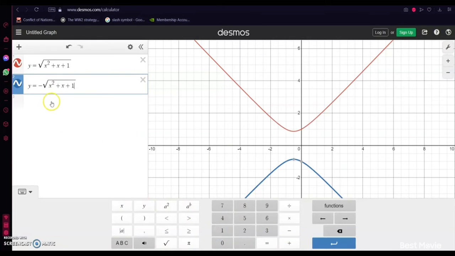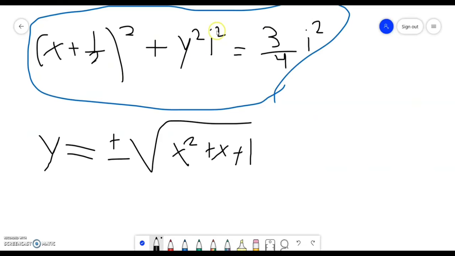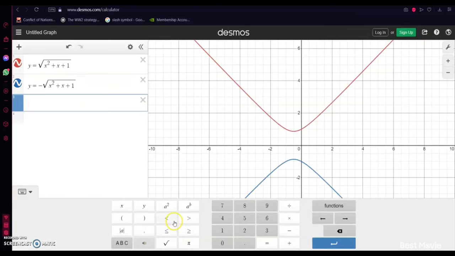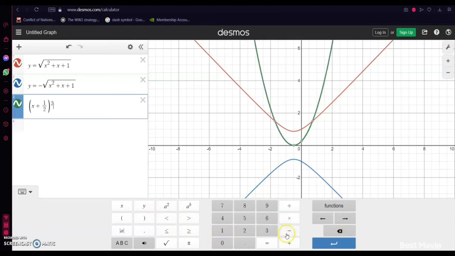And then we have finally the circle that we have, which we're going to exclude i out of it. Basically from this we're going to be taking the i squared out of it, giving us the circle x plus half all squared plus y squared is equal to 3 over 4.